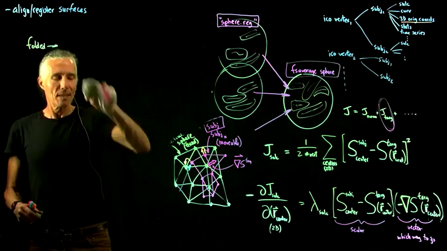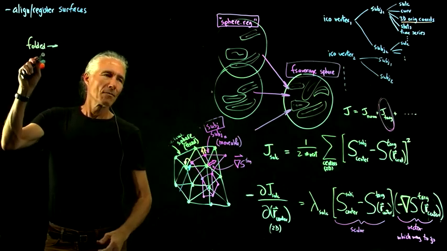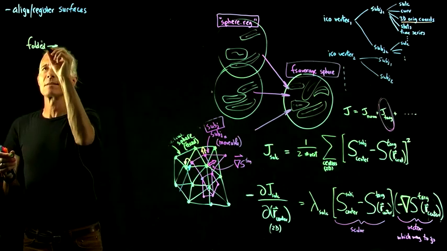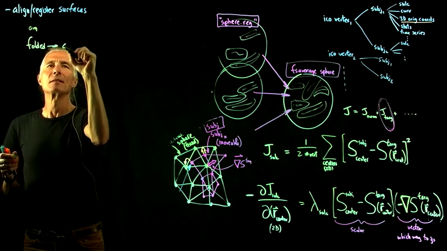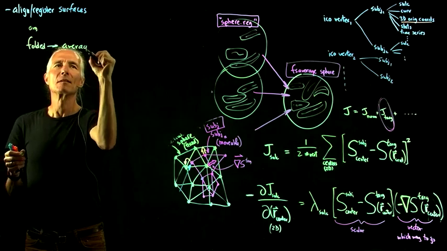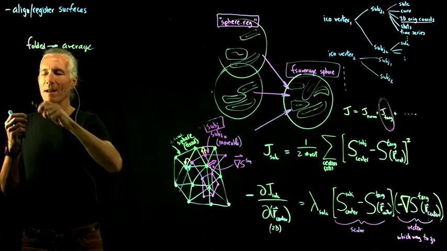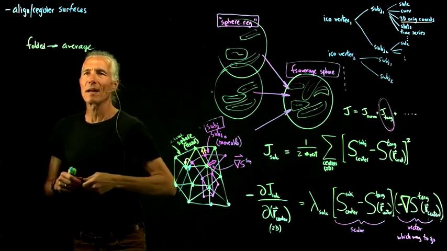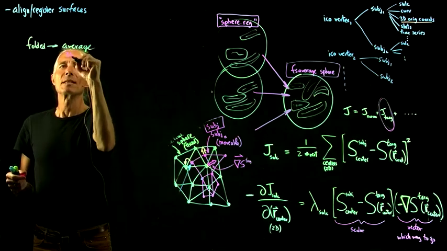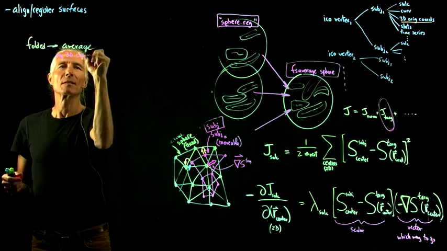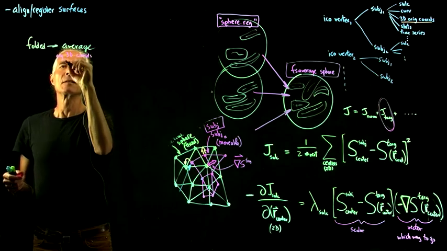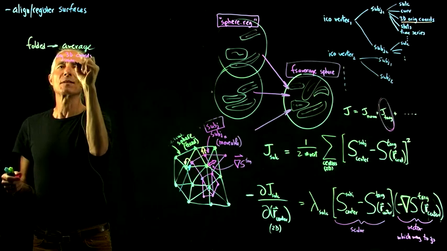So we take the folded 3D coordinates and average. What are we averaging? We're averaging the original 3D coordinates using the one true sphere.